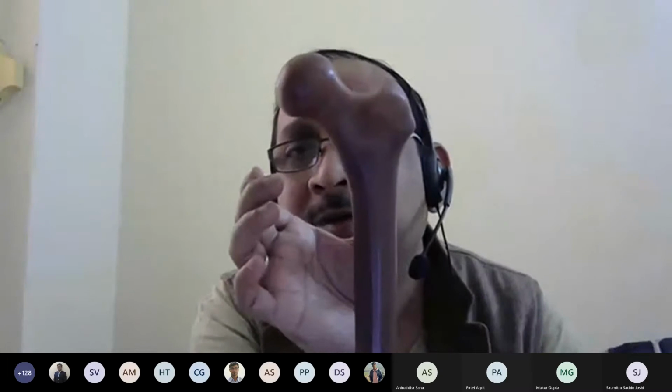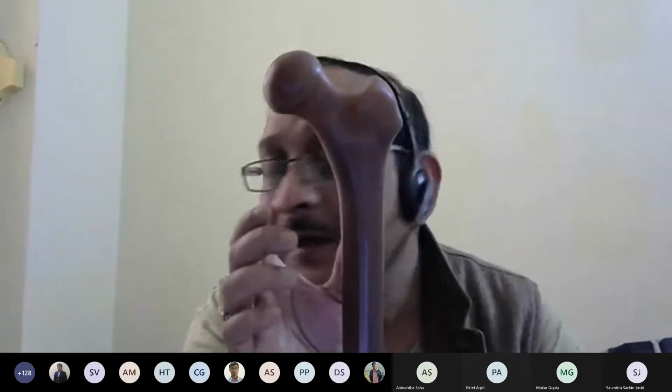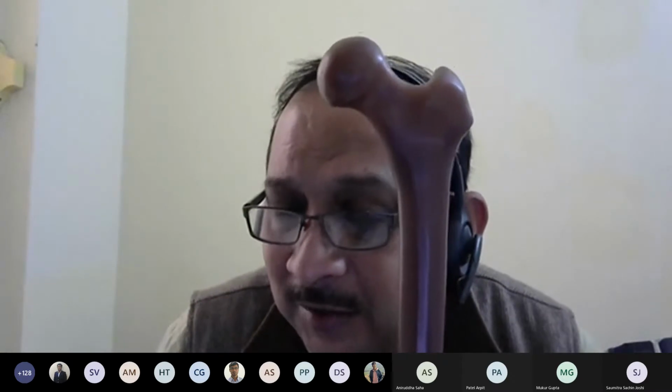There is another thing also, the offset. So what is the horizontal distance between the center of the femur head and the axis of the femur shaft? That is called the offset.